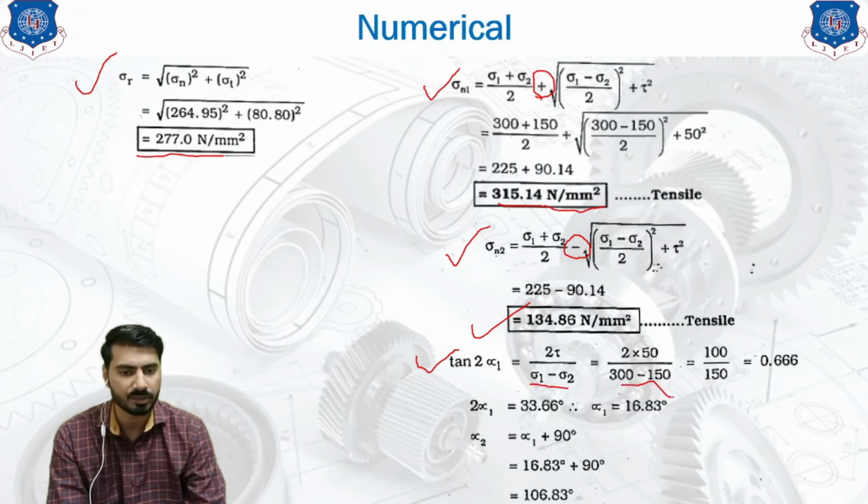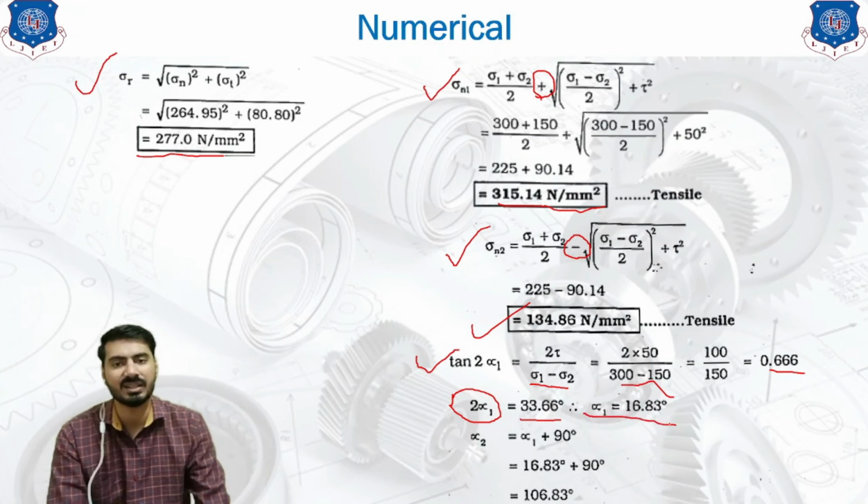Put all the values into this equation and we get the answer as 0.66. Now take tan inverse and you will get 2 alpha 1 equals this. Make sure that you divide the given answer by 2, because this is the answer for 2 alpha 1. We need only alpha 1. So alpha 1 equals 16.83 degrees.